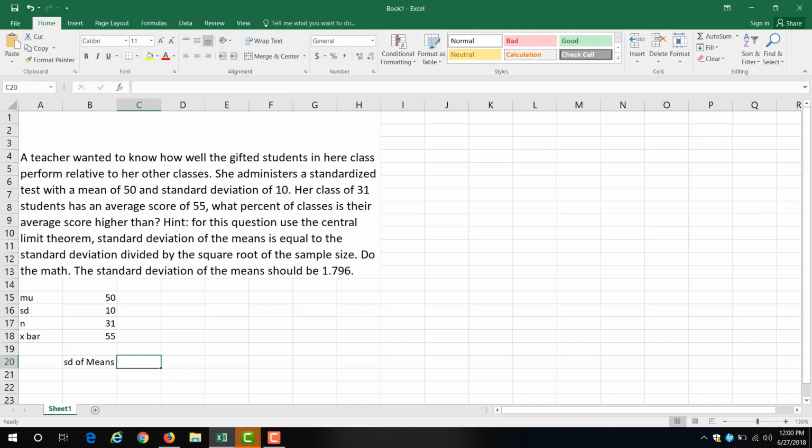This is the central limit theorem, right? So I'll take the standard deviation of the population, which is 10. I'm going to divide that by the square root of my sample size. So that's square root, parentheses, my sample size is 31 students. Okay, and I come up with 1.796.